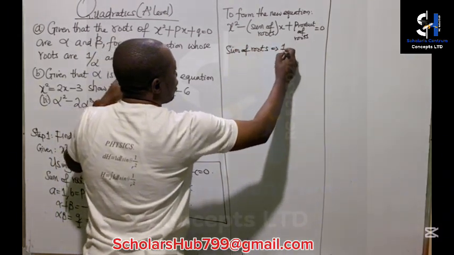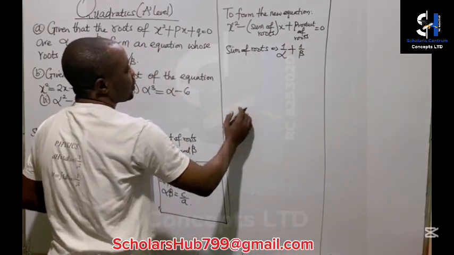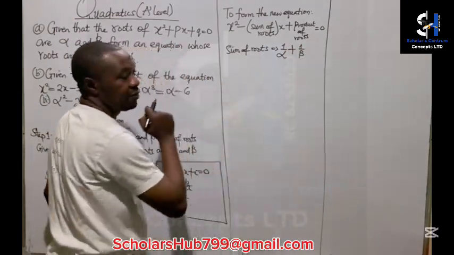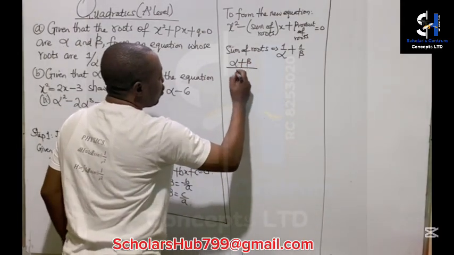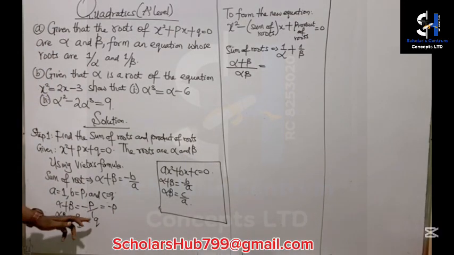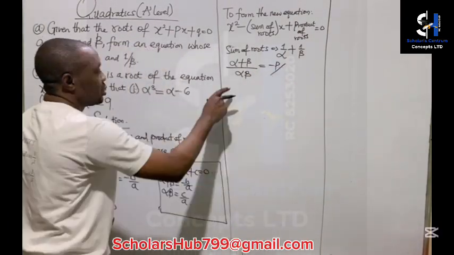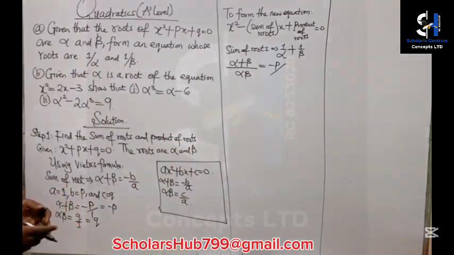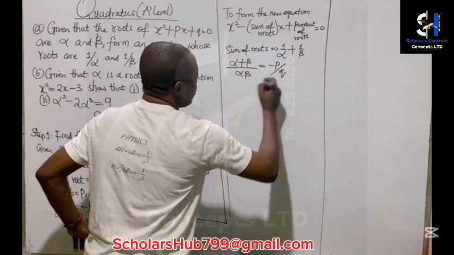So the sum of roots, which is 1 over alpha plus 1 over beta, we need to simplify this expression, so this will be alpha plus beta over alpha beta. Alpha plus beta is what we have here as negative p, then alpha beta, the product of alpha and beta, is q.